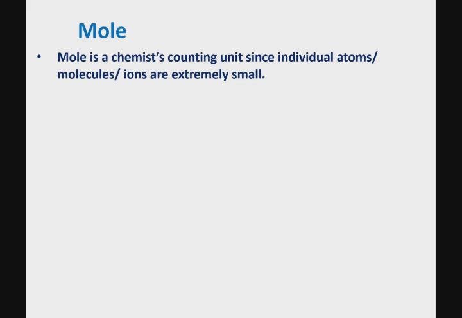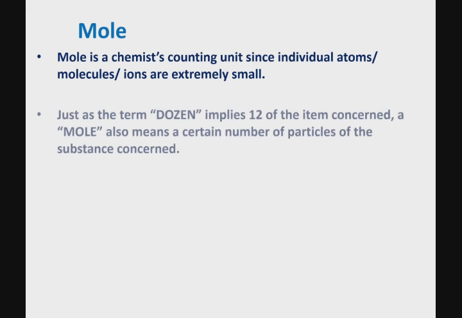Similarly, mole is our dozen. Mole is a dozen for a chemist, of particles of a substance that we are working with. It's a packet of a number of particles, just as a dozen always implies 12. If you buy a dozen chicken eggs, that would be 12 chicken eggs.